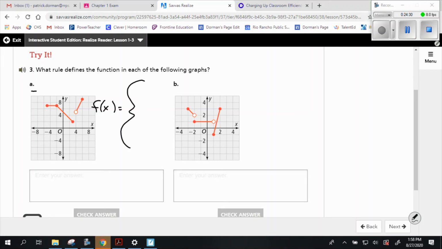So this looks like 7, right? Beautiful. So we're looking at y equals 7. That's this first segment right here, and that is for x values from -5 all the way up to -2.